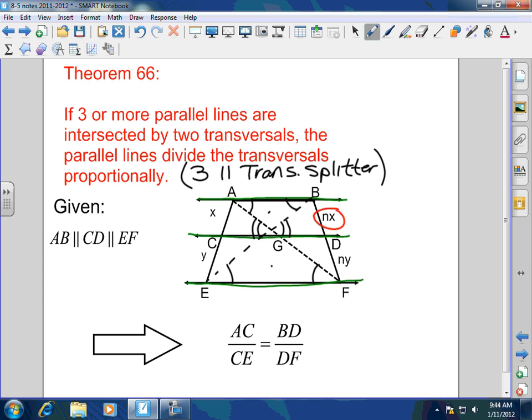And then let's see, where's my second angle? Oh, okay. This guy has to be congruent to this guy because of the subtraction property. When you subtract the same congruent angles from 2 angles, then the differences are congruent.